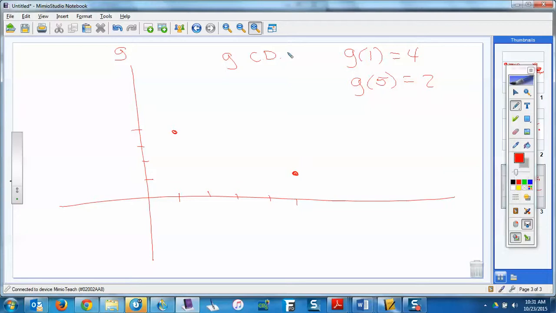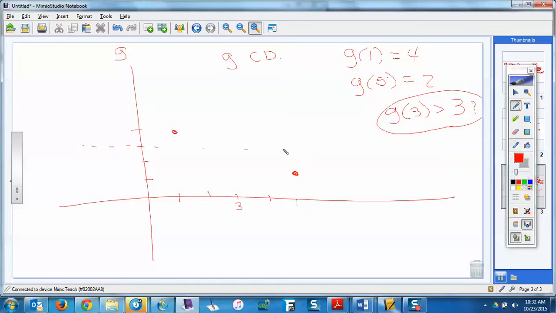Explain why G of 3 is greater than 3. First of all, let's understand what they're asking. When you hear G of 3, what do you think? Input 3. The y value when x is 3. So this is saying that the y value at 3 has to be greater than 3.